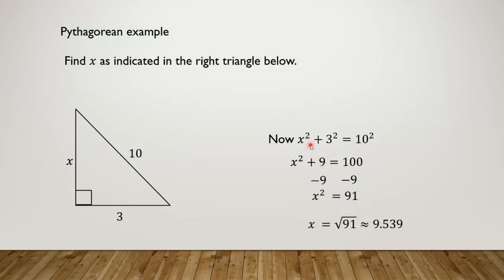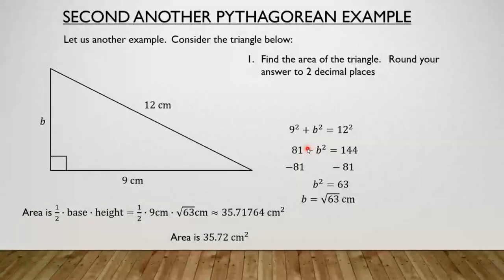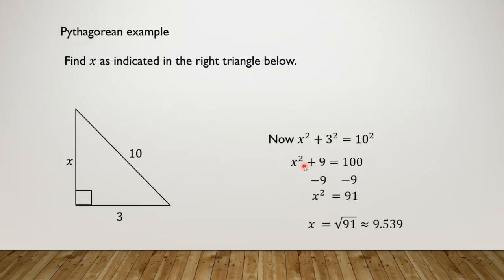Because x is unknown and we're solving for it. Okay, let me see. You mean here? Oh, never mind. That was something I did. Sorry.